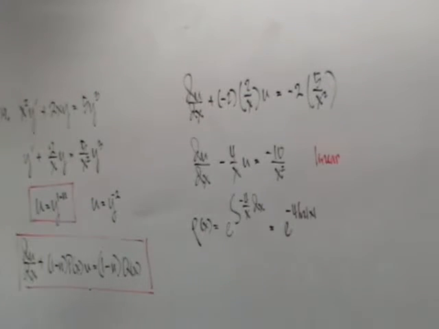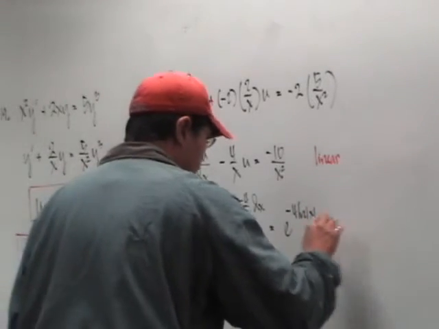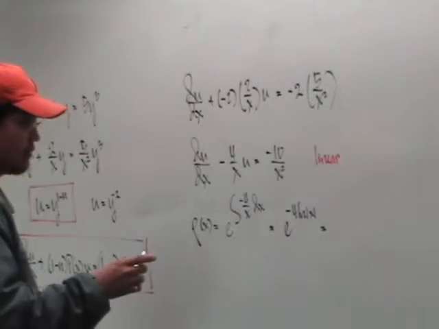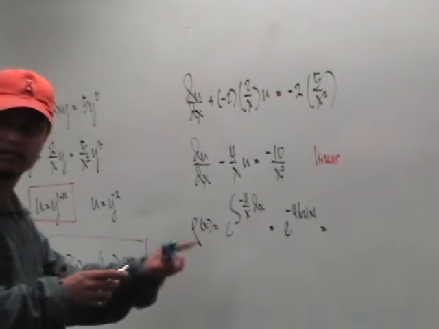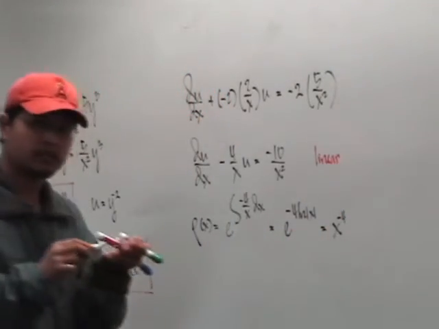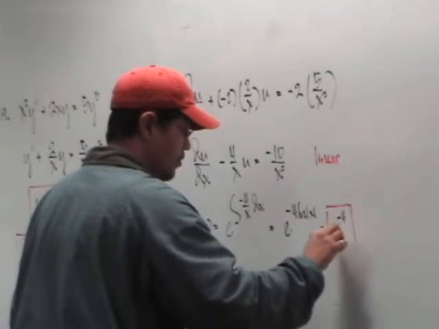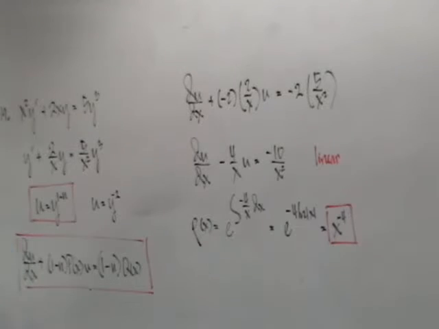You don't have to do plus c here, because they actually cancel. The log and e cancel, so you get x to the negative 4. Everybody's good? That's your rho, x to the negative 4.